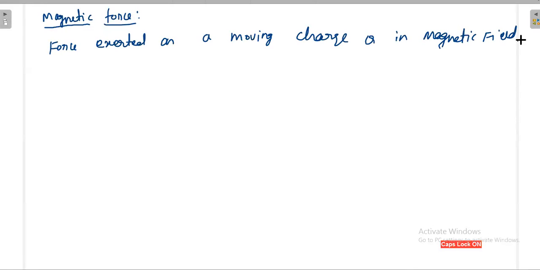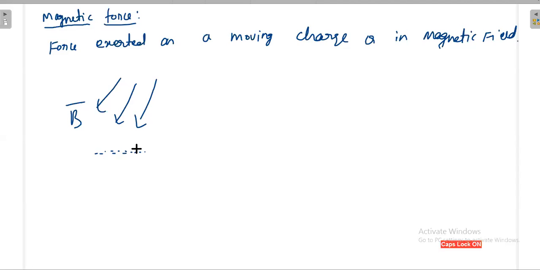What is the meaning of that? Already a magnetic field is there. Say, for example, the magnetic field is coming in this direction. Some charge is moving in this direction. Then what is the force on this charge?